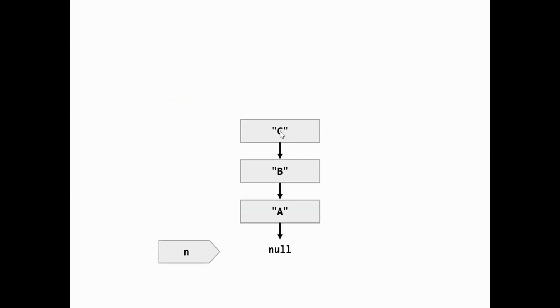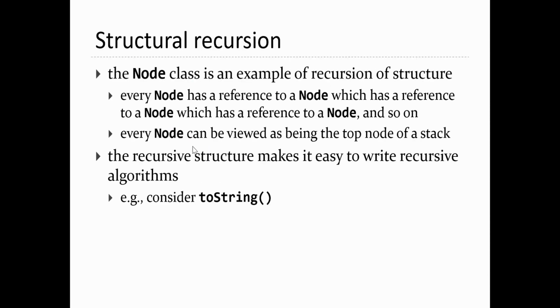The top of this stack is the C. But if I have a reference to this node, then that's a stack of size 2 where the top element is the B. If I have a reference to that node, then that's just a stack of size 1, whose top element happens to be the A. So every node you can just imagine as being the top node of some other, smaller stack as you go down the stack.